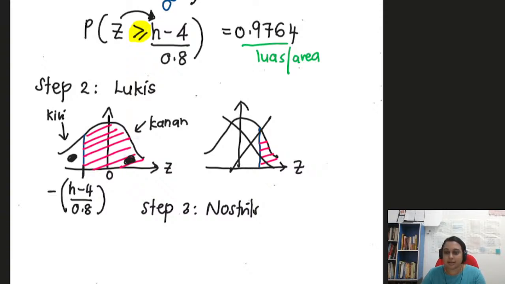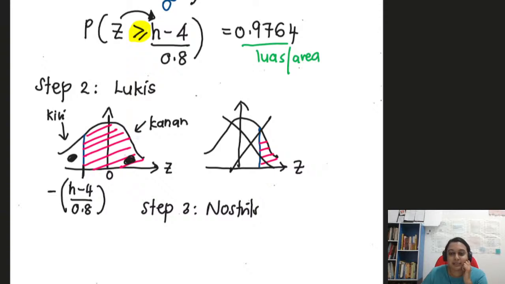The lubang, the nostril, you must always see what? You must always see which is smaller than 0.5. Yang mana nampak macam kurang daripada 0.5.